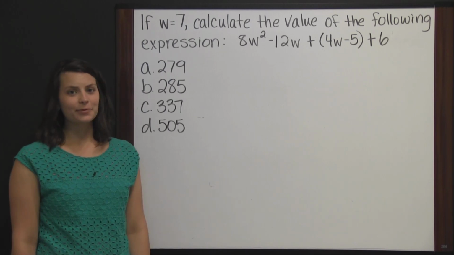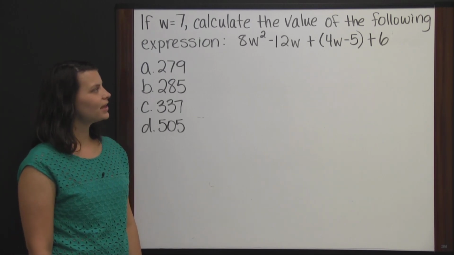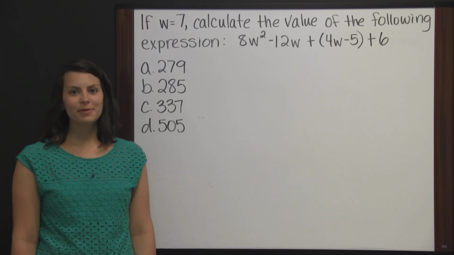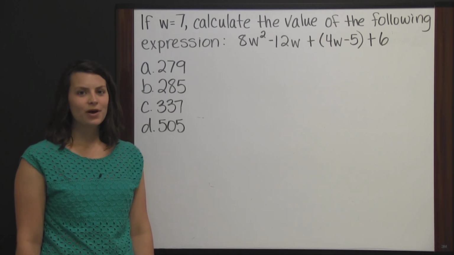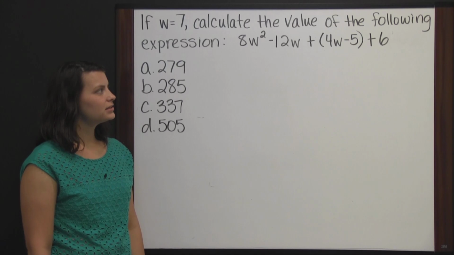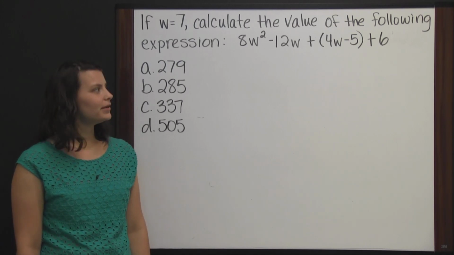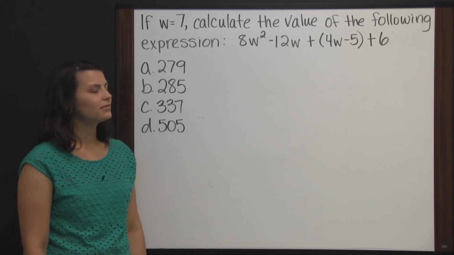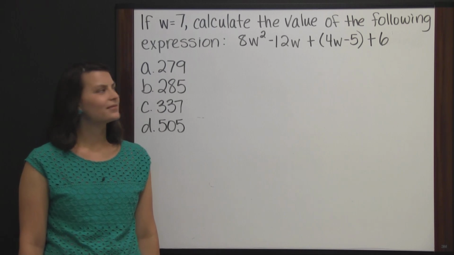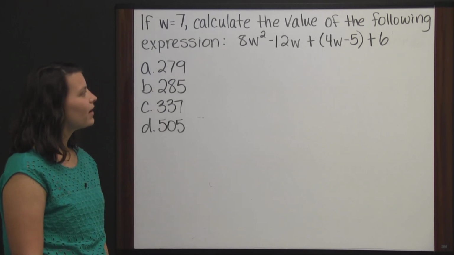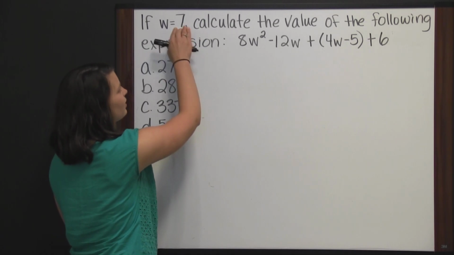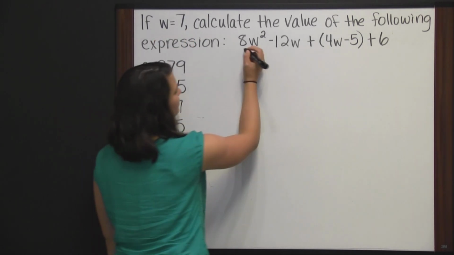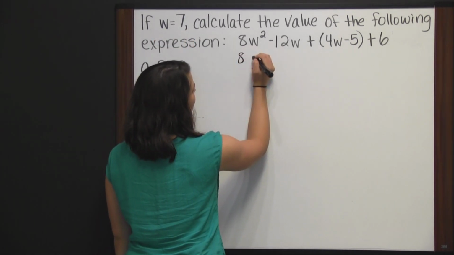If W equals 7, calculate the value of the following expression. 8W squared minus 12W plus the quantity of 4W minus 5 plus 6. In order to simplify, the first thing we need to do is substitute 7 for W. So we start by bringing down the 8.